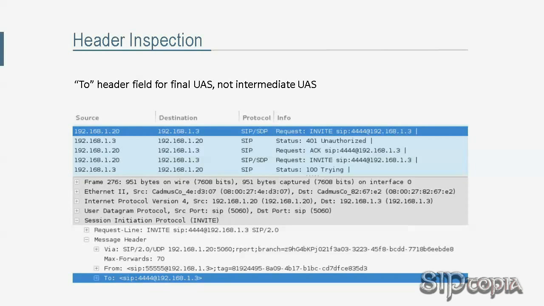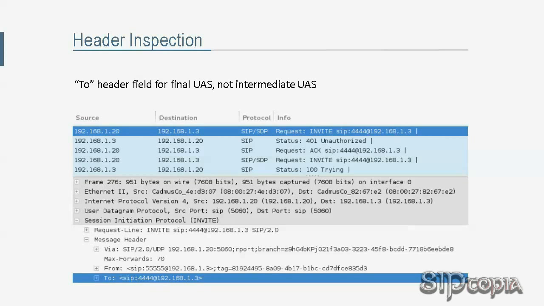One thing this intermediate UAS should not do though is to send a 416 Unsupported URI Scheme response if it doesn't support the URI scheme. Since the intermediate UAS is not the intended destination, it is irrelevant whether or not this UAS understands the URI scheme.